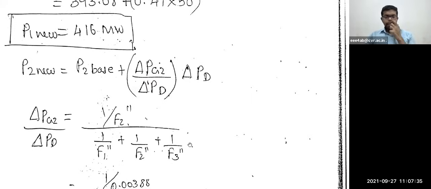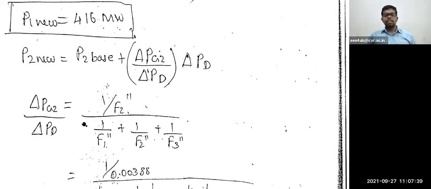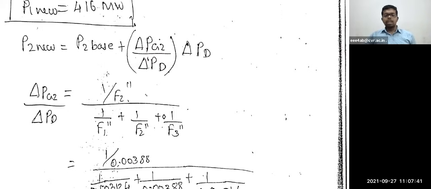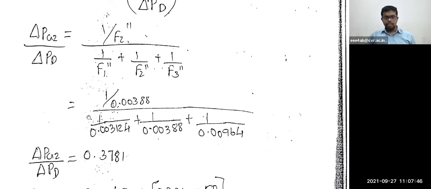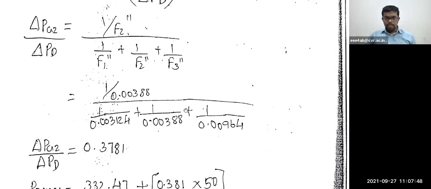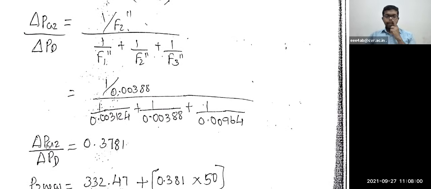So here N is 3. So 1 divided by F2 double dash plus 1 divided by F3 double dash. Whatever the values, you need to substitute and find the answer. With substitution and further simplification, I think you got 0.3781. That is del Pg2 divided by del Pd.